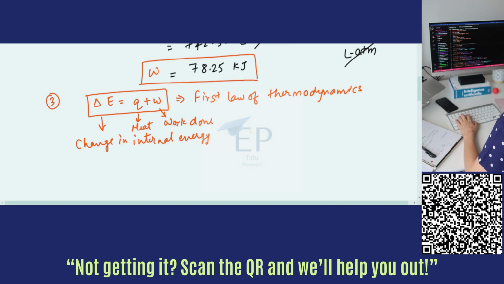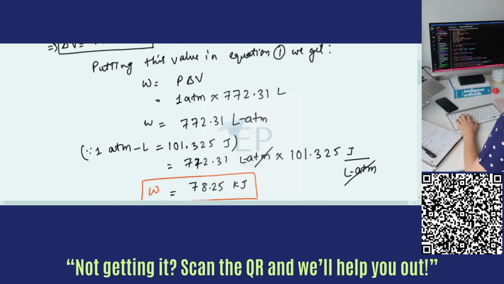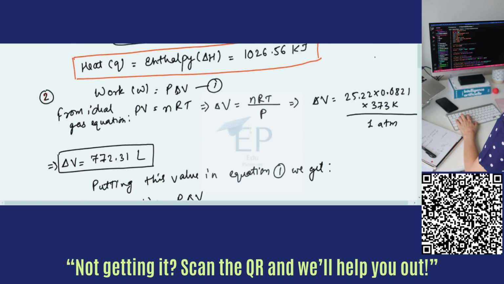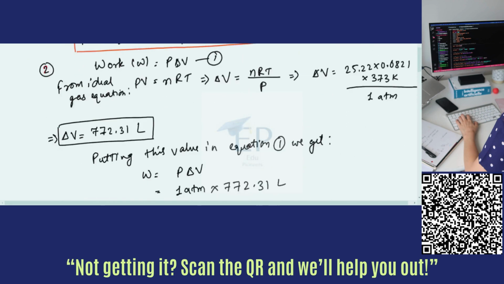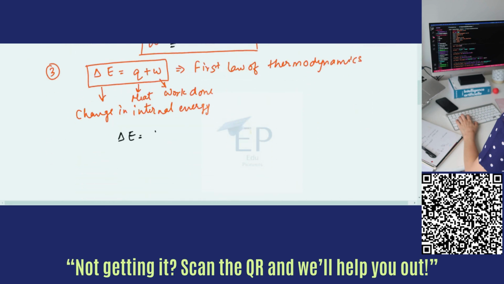Alright. So now further we will solve it. We will get del E equals Q, which we have found out. Let us see what is the value of del E. This is Q, so this will be 1026.54, the value of Q, and this we will add 78.25.